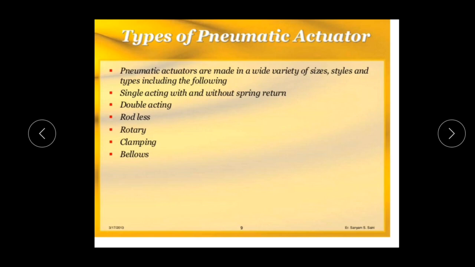Pneumatic actuators are made in a wide variety of sizes, shapes, styles, and types, including the following: single acting with and without spring return, double acting, rodless actuators, rotary actuators, clamping actuators, and bellows actuators.